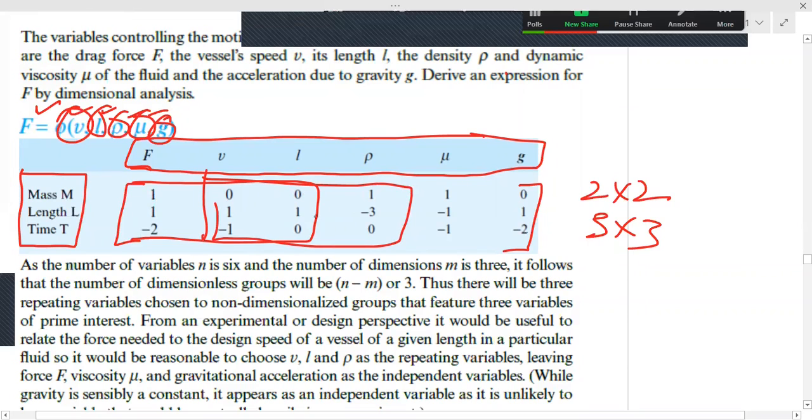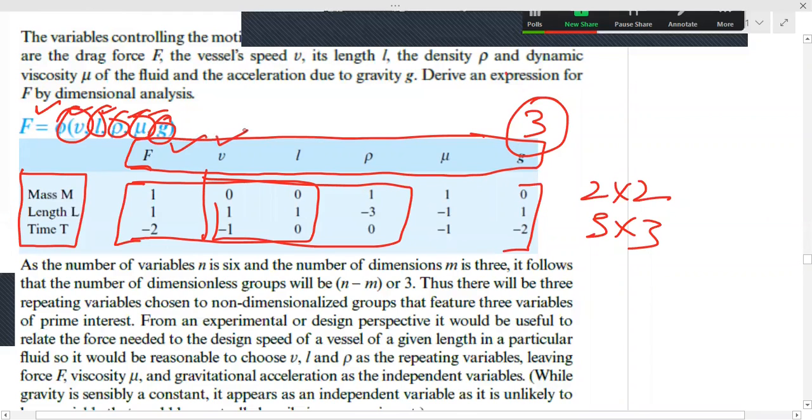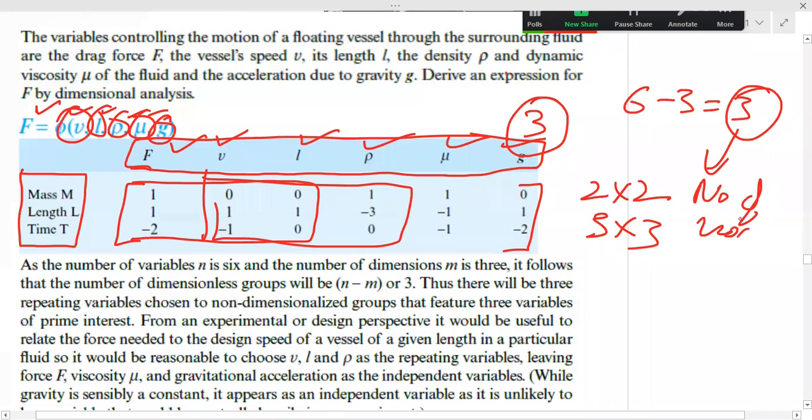If it is coming out to be non-zero, then you know that 3 is the order of the determinant. And then these are the variables 1, 2, 3, 4, 5, 6. So you get 6 minus 3 is equal to 3. This is the number of non-dimensional groups that you will get.